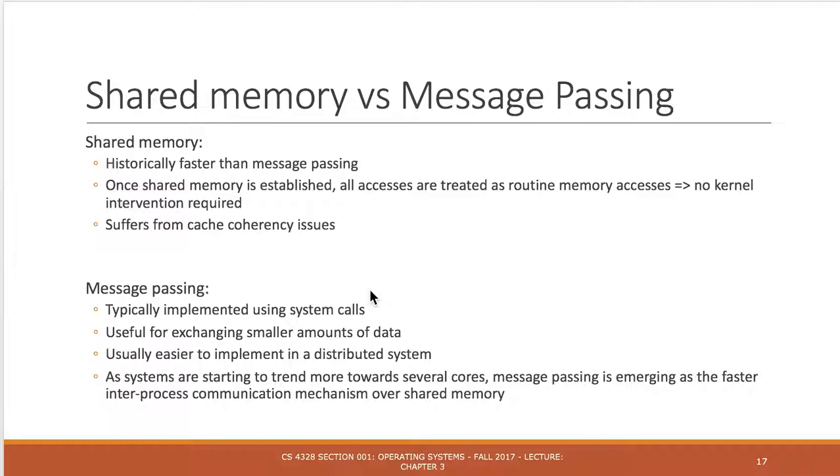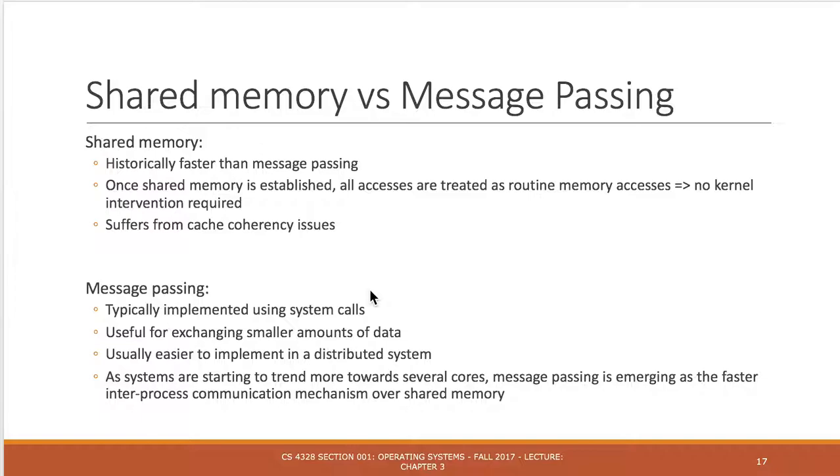One reason is that once you've established a shared memory region between two cooperating processes, all accesses are treated as routine memory access. There's no need for kernel intervention. There's no need for system calls, right? To set up your shared memory region, yes, you will need a few system calls, but once your shared memory region is set up, there's no overhead.